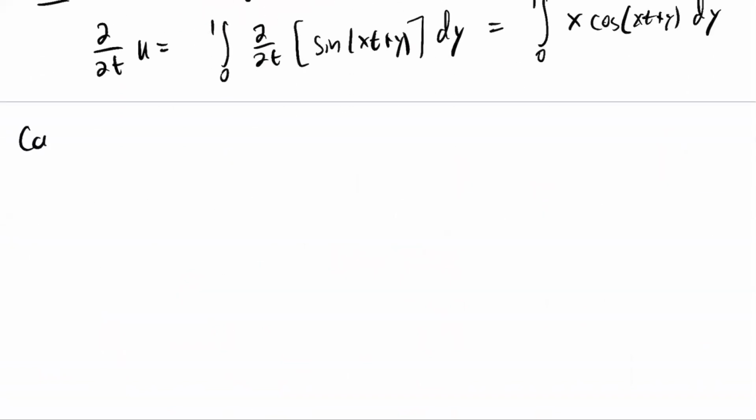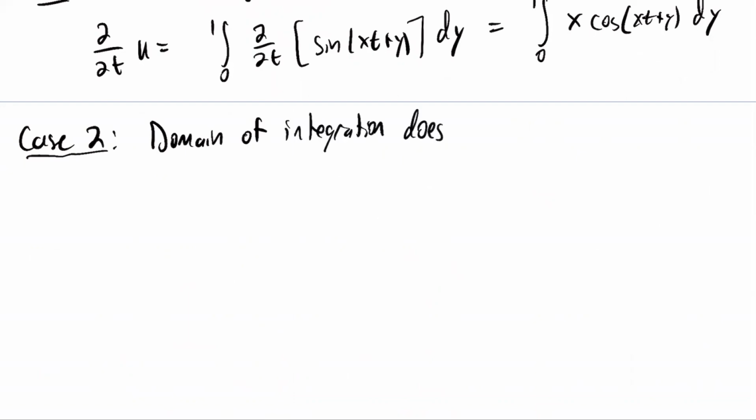This is case 2. In this case, the domain of integration is allowed to depend on time. This is more complicated, and we'll see that we have to use the multivariable chain rule to make sense of this.